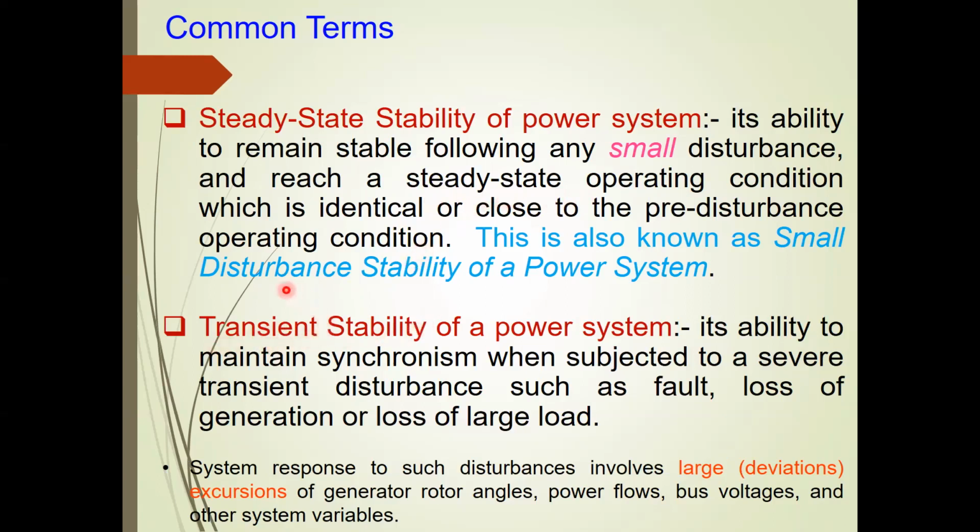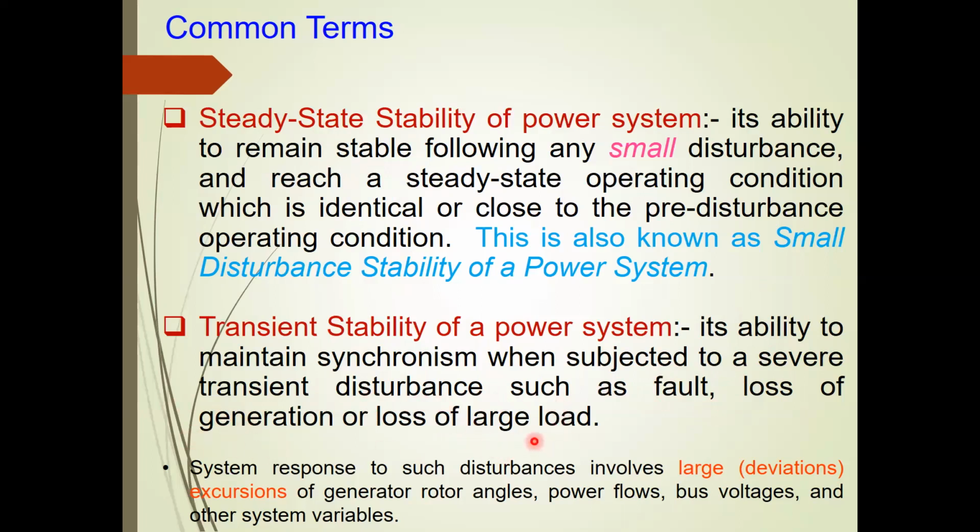However, if there is a large disturbance, then here we define transient stability. Again, we assume that the system remains stable against large disturbances. So it is the ability of the system to achieve synchronism, to maintain stability, following a large or severe disturbance like a fault, loss of generation or loss of load.